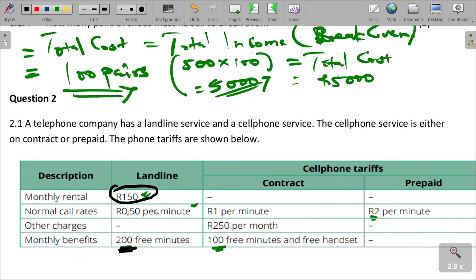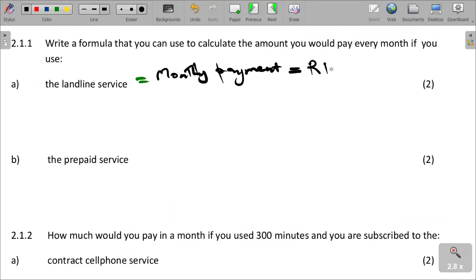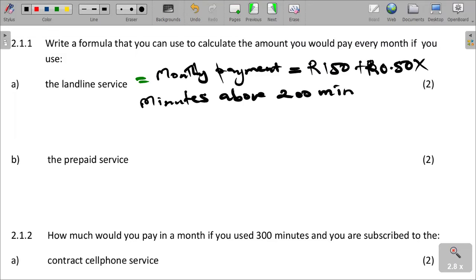So the cost is 150 plus 0.5, 50 cents, multiplied by minutes above 200 minutes, because 200 free minutes are given, but when it is above 200, that's when it charges.